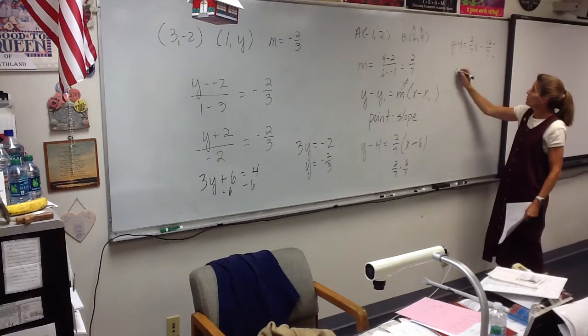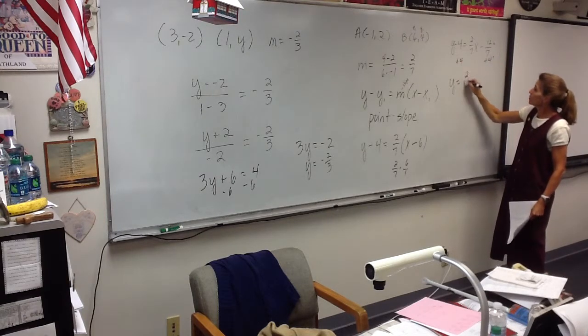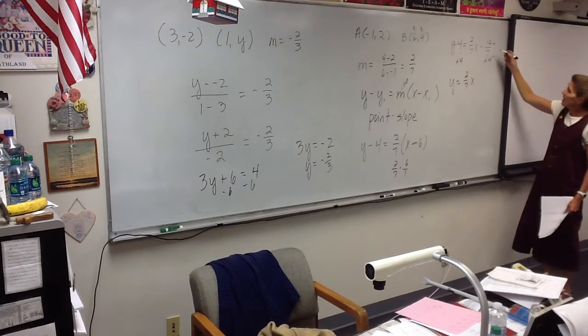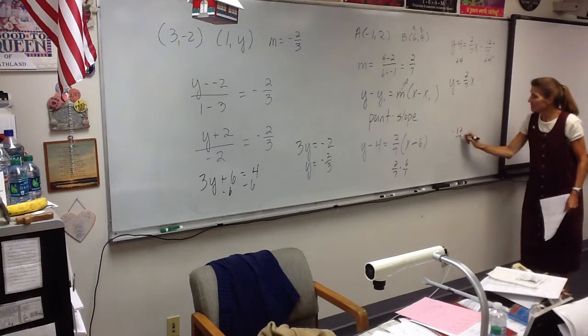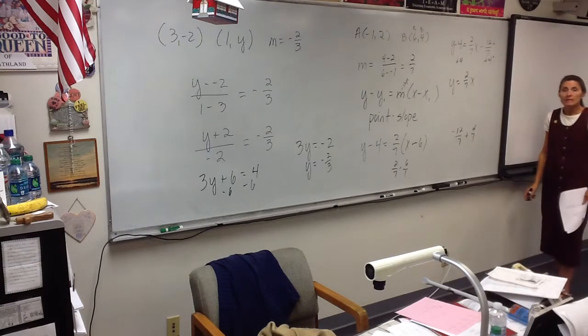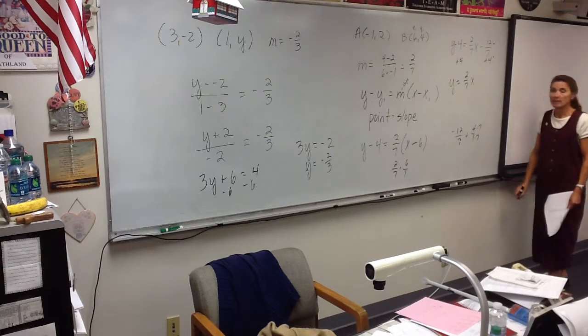Now I'm going to add 4 to both sides. So I have y equals 2/7 x. Now, I have a negative 12/7 and a positive 4. In order to add those, I need to get a common denominator.